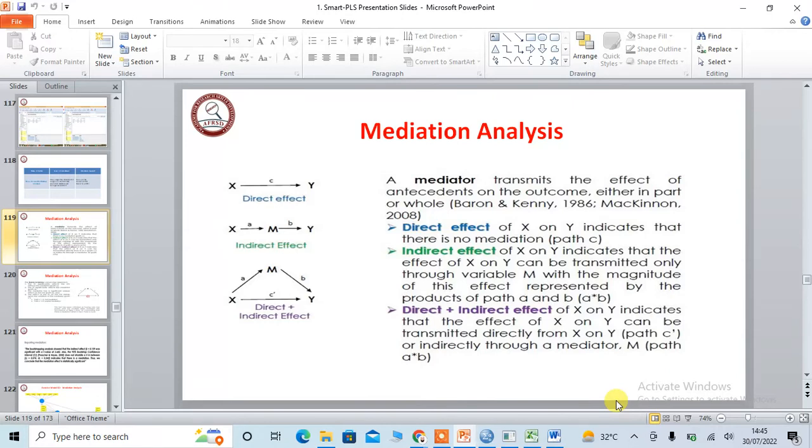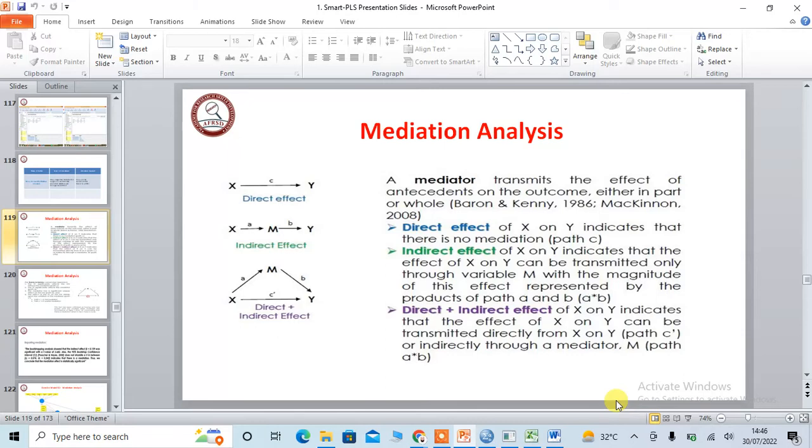The mediator sometimes works as a dependent variable or endogenous variable, and sometimes as an exogenous variable. When we consider the mediator and DV, the mediator works as exogenous. But normally we consider the mediator an endogenous variable.